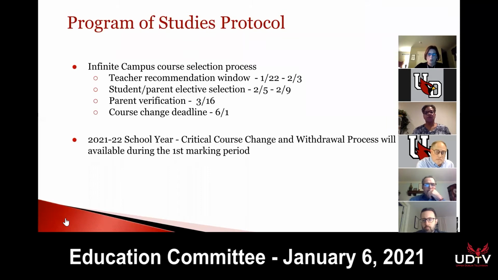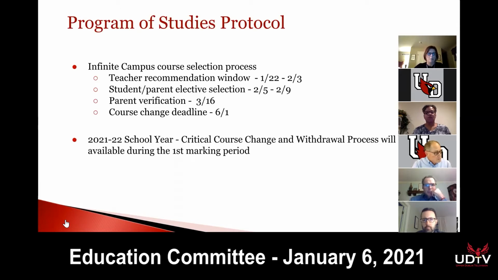During the January 22nd to February 3rd window, it's closed for parents to view, but once it closes, parents will have the opportunity to see what those recommendations are in all core content area classes. On the 5th through the 9th, the window then opens, and students and parents will see the big picture, all of the classes they have been recommended for, and they can then choose what their elective classes will be for the following school year.